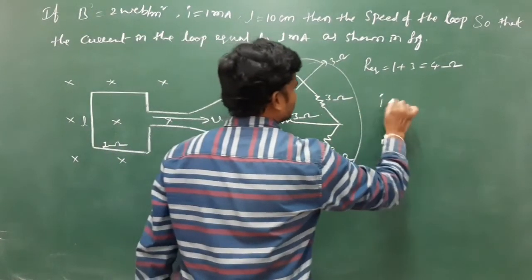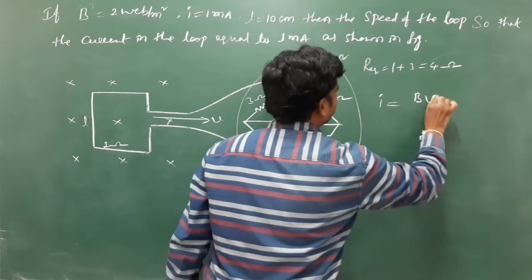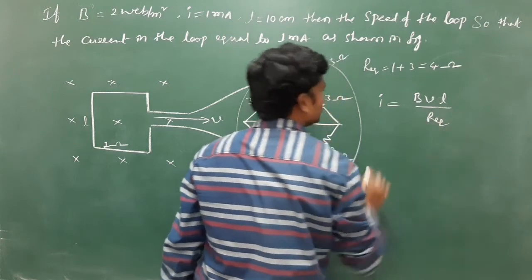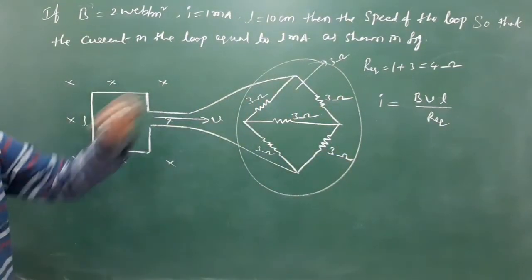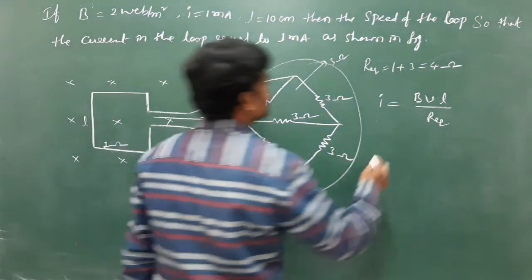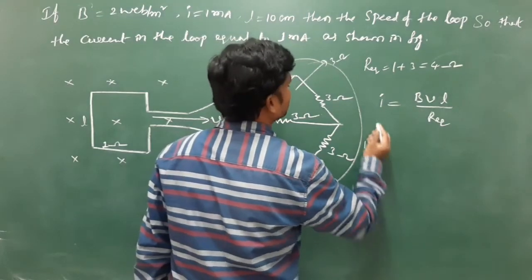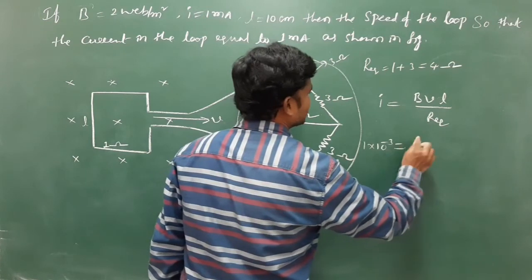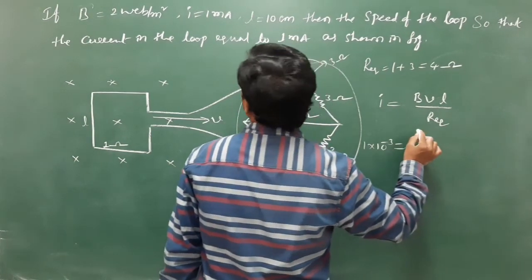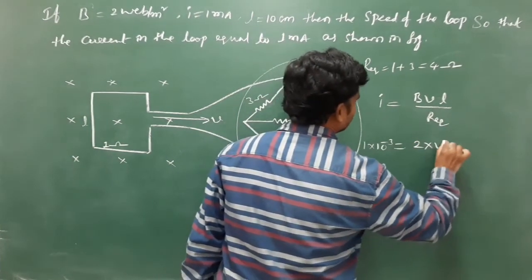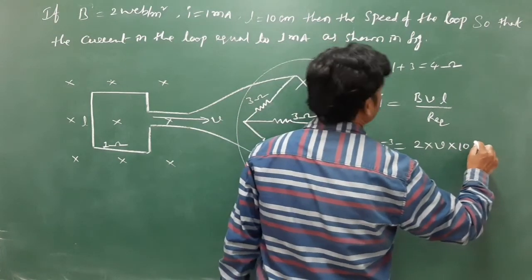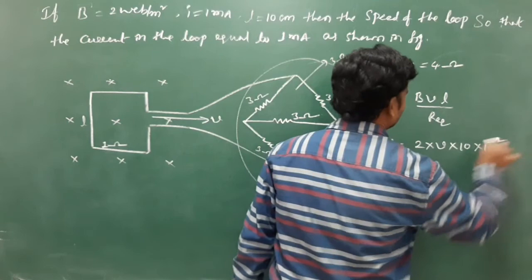Due to the motion there will be an induced current, which we can write as BVL by equivalent resistance. How much current is given? Current is given 1 milliampere, so 1 into 10 raised to minus 3. Magnetic field is 2 Weber per meter square, and length is 10 centimeter, 10 into 10 to the power of minus 2.